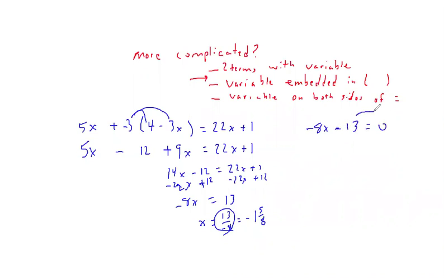Well, now you've got to move that 13 or move the 8. So you've either got to make it negative 8x equals 13, or move the 8x over and have 8x equals negative 13. Either case, you're going to get the same answer.